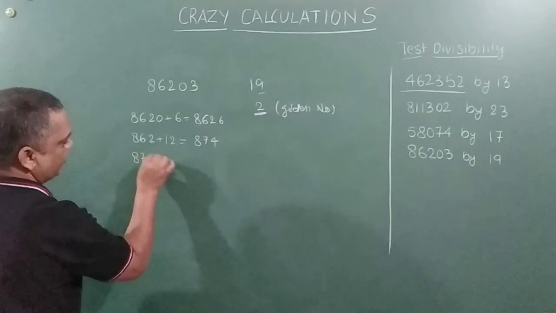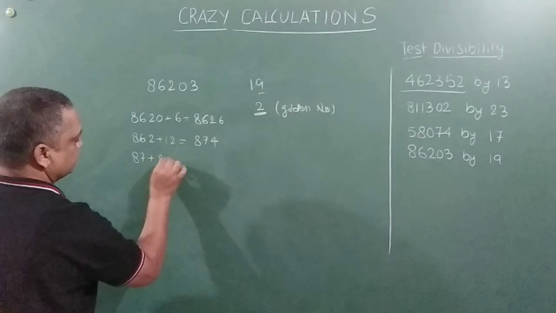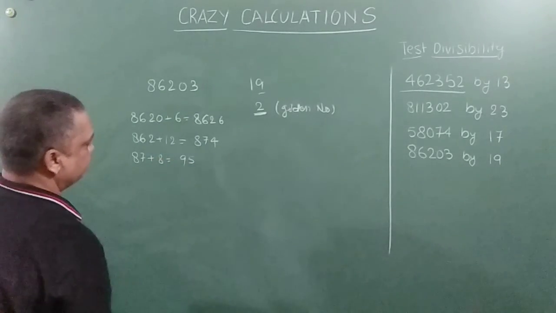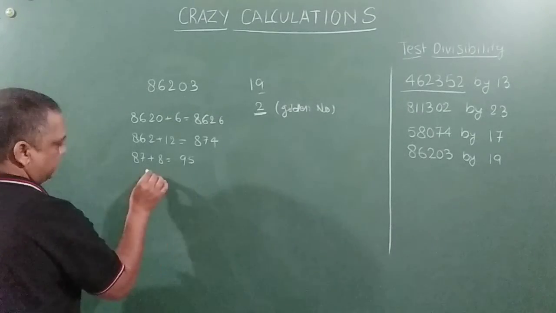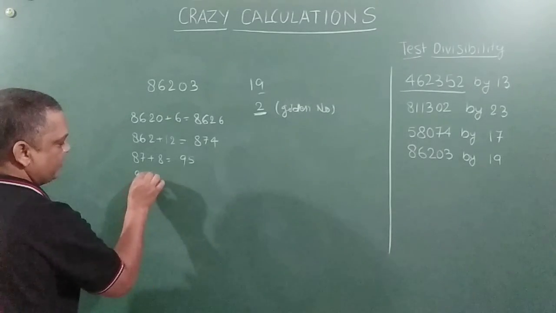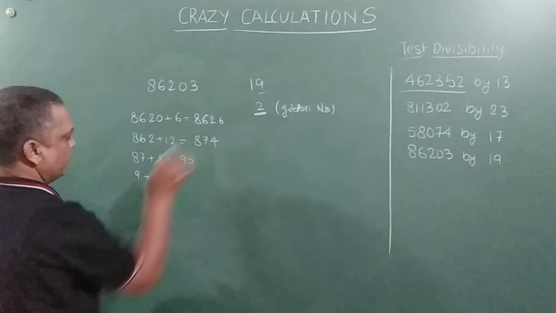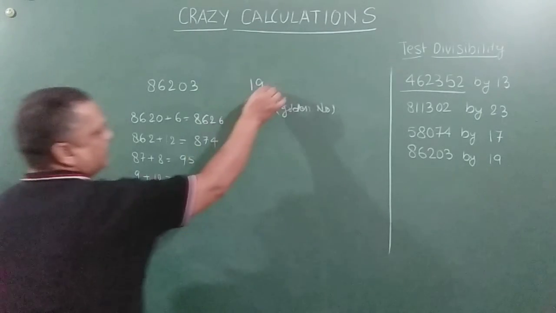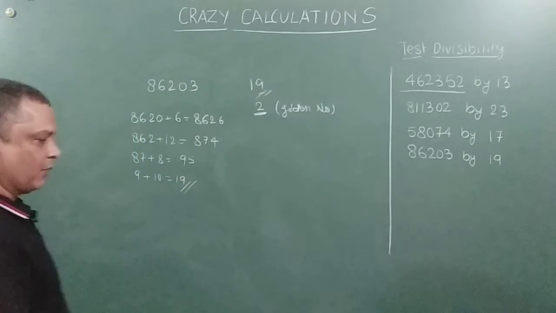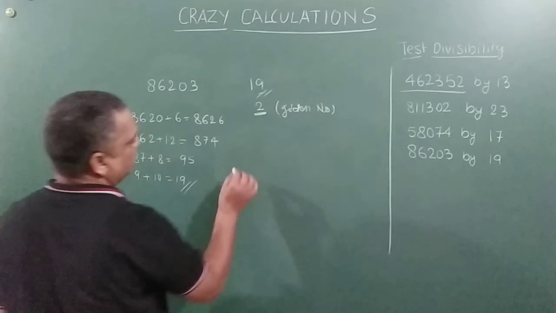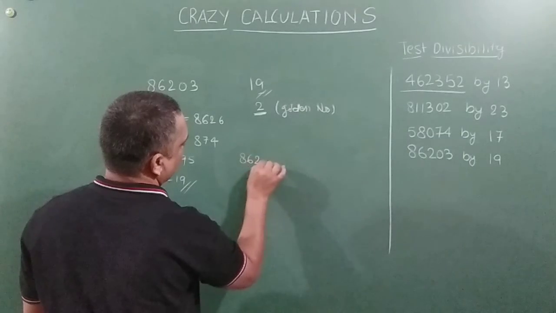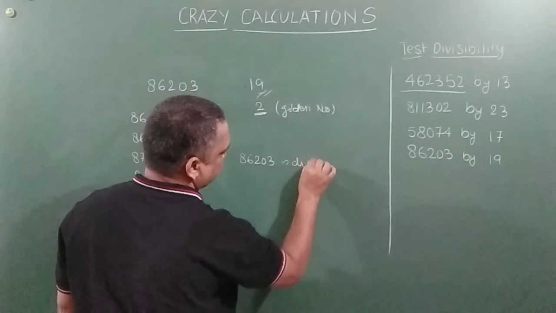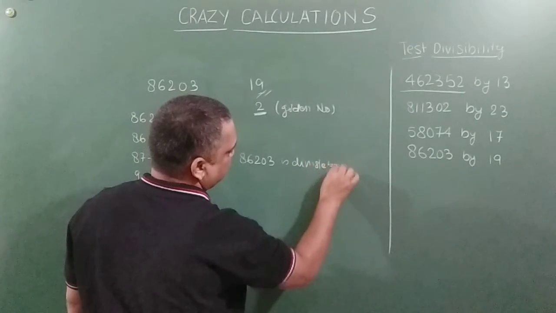So 87 plus 4 into 2, that is 8, that is equal to 95. 95, yes, it is divisible, but no problem if you want to go further. 5 into 2, that is 10, that is equal to 19. Now 19 is definitely divisible by 19. Absolutely no doubt. Right? So hence we conclude that 86203 is divisible by 19.